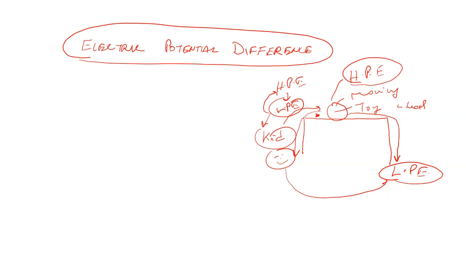Now suppose here is an electric wire and here is a cell having a positive terminal and a negative terminal, or you can also make this diagram like this.